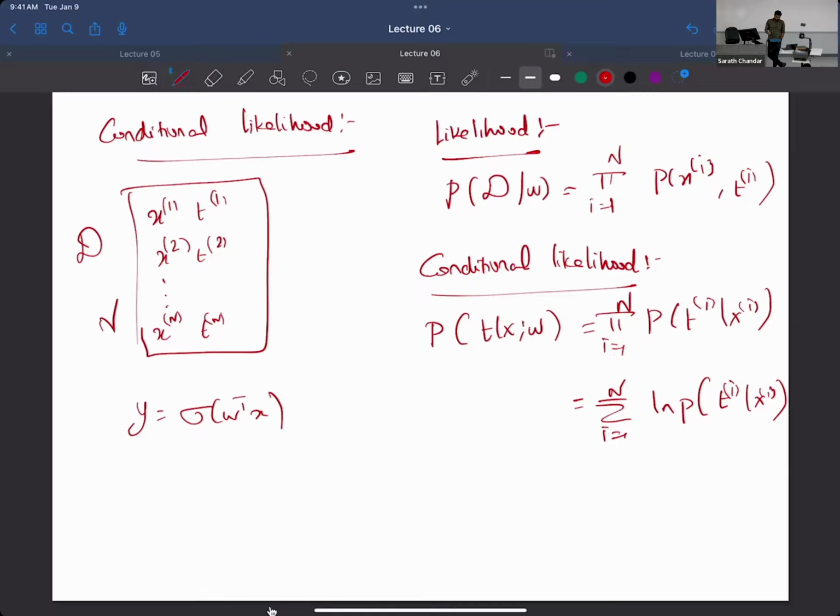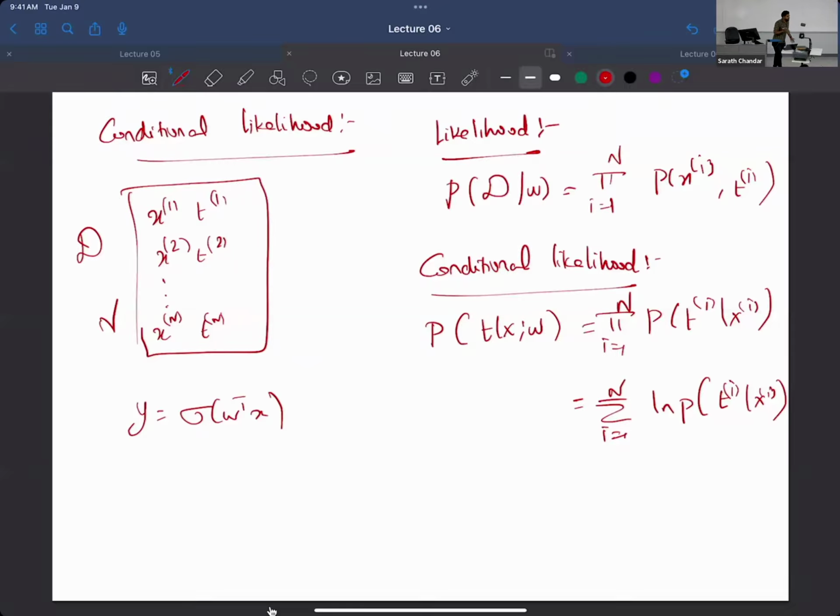Okay, so now when you do gradient descent, first of all, it's going to be difficult to find a closed form solution like what we did for GDA and Naive Bayes. So we're going to do gradient descent.